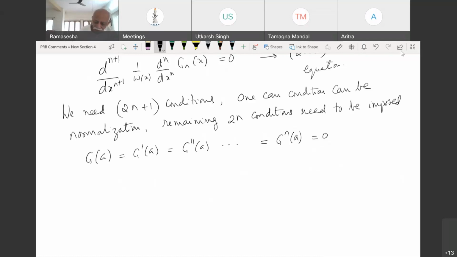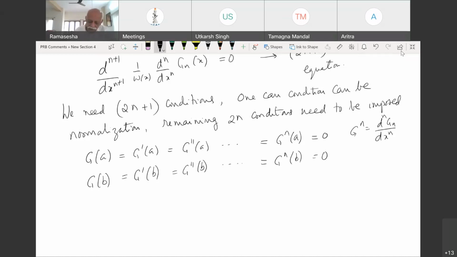The other boundary point is b, with G(b) equal to G'(b) equal to, etc., equal to the (n minus 1)th derivative of G at b, equal to 0. From 0 differentiation up to n minus 1 differentiation, you have got n conditions. So it's actually all the derivatives up to the (n minus 1)th derivative of G_n that are 0 at the two boundary points, a and b.